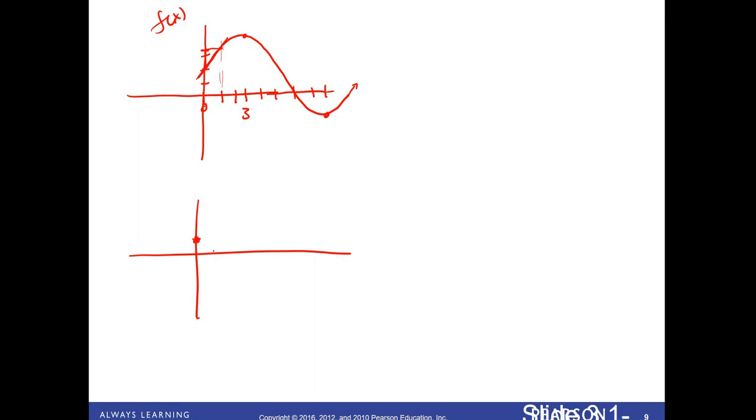The slope at 3, we know is 0. 4, 5, 6, 7, 8 is 0. Let's find something in between. So if I do a tangent line here, let's say that that slope is down 2 and to the right 1. So at 5, my slope would be -2.